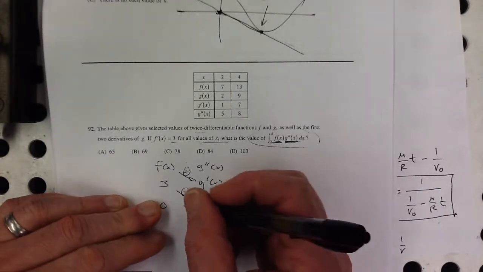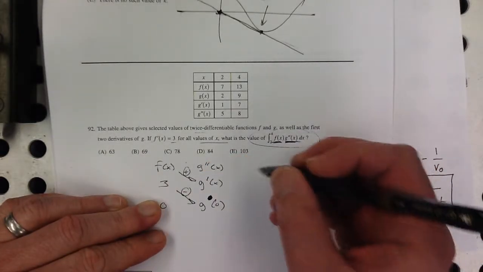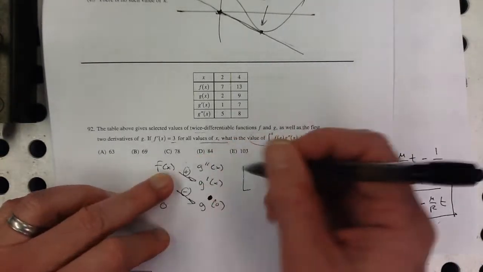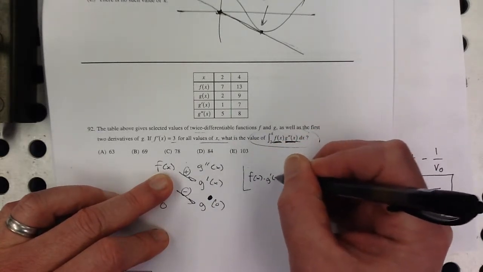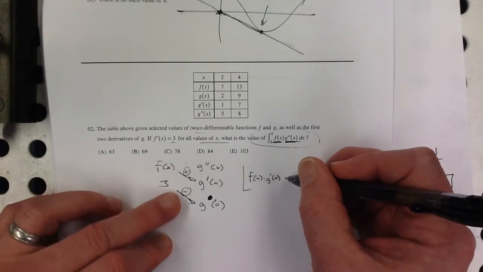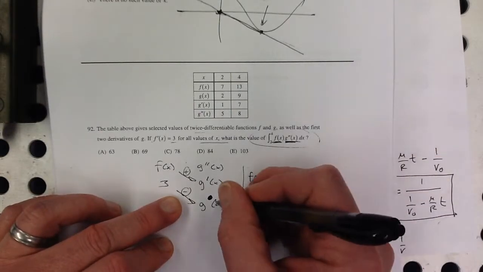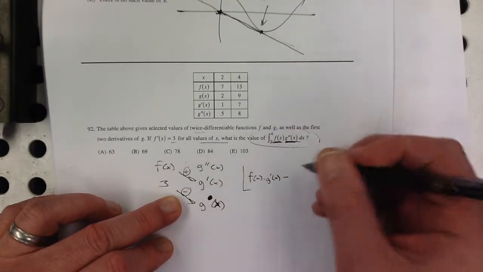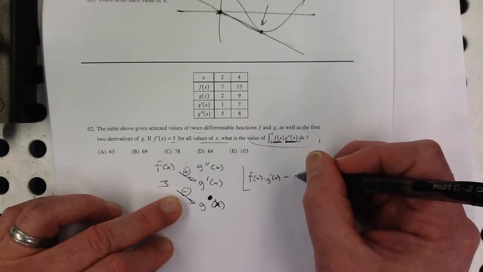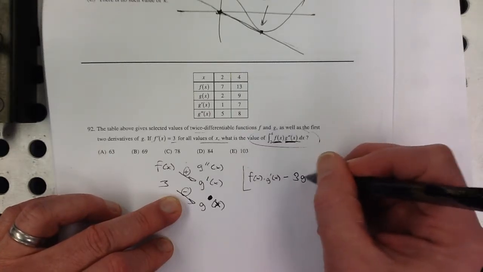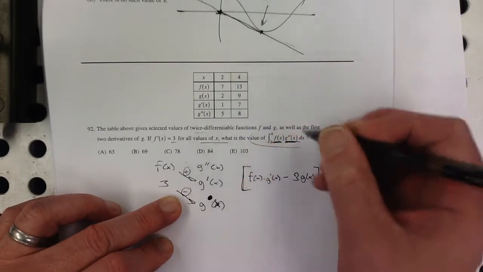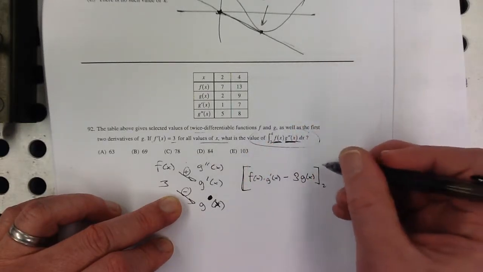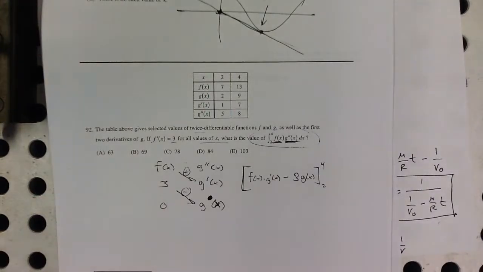So, it means the antiderivative of that thing is f of x times g prime of x minus 3 g of x. And this is a definite integral, we're evaluating that from 2 to 4.